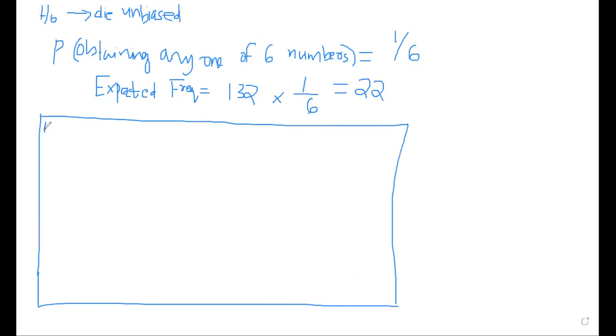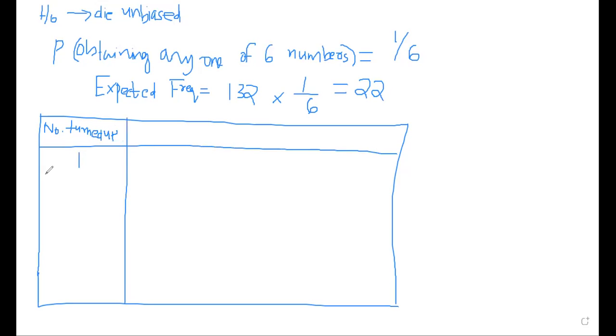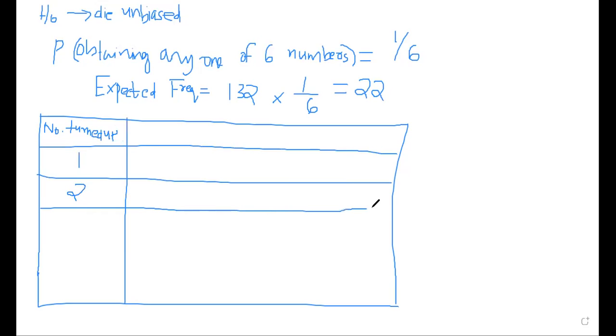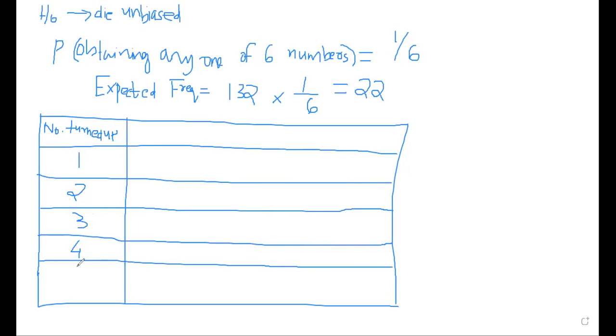The first column is the number turned up: 1, 2, 3, 4, 5 and 6.